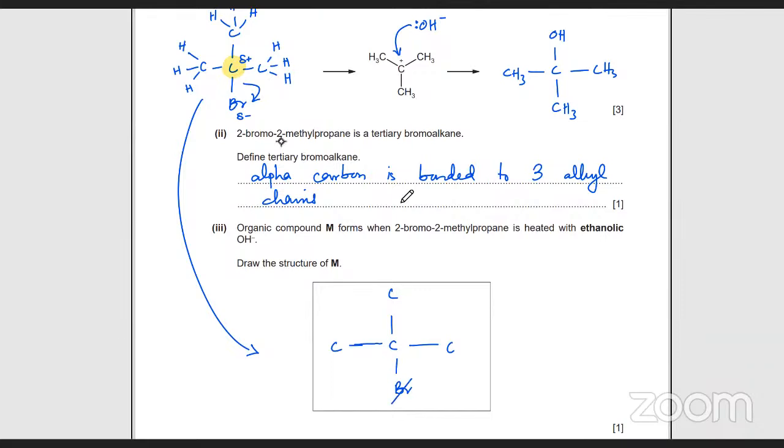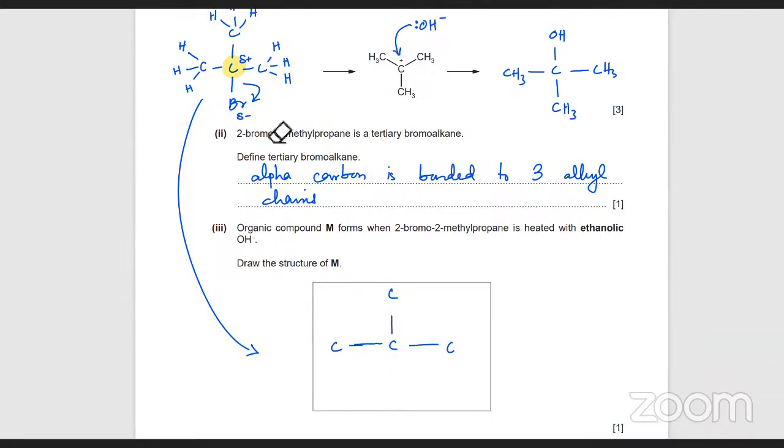The Br is going to be lost and this carbon atom will have a double bond. वो किसी भी side पे लगा लो, it's the same thing. And then the rest are all H atoms. So you will end up with an alkene.